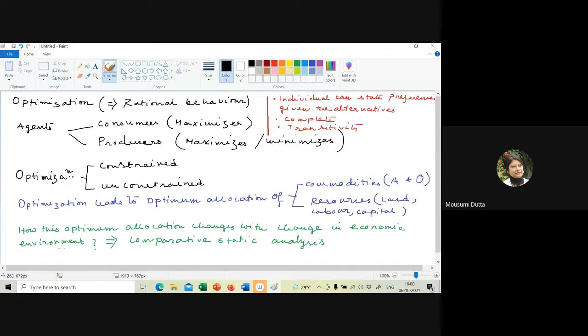We are producing something, and then we will try to distribute it. That means we will try to allocate them. Now, if everybody is satisfied and the market clears, demand is exactly equal to supply, in that case, we will call it optimum allocation of either commodities or optimum allocation of resources.